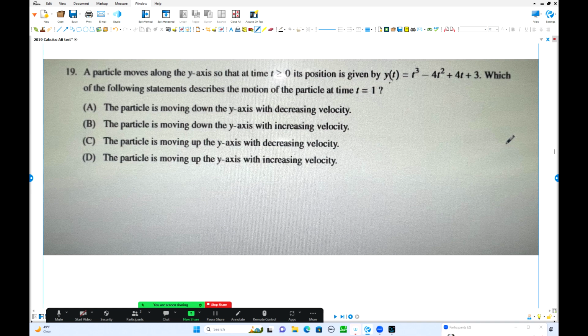All right, number 19. A particle moves along the y-axis so that at time t greater than or equal to zero, its position is given by here. That's y of t, that's the position. Vertical move, okay? Y-axis, x-axis, it doesn't matter. Which of the following statements describes the motion of the particle at time t equals 1?